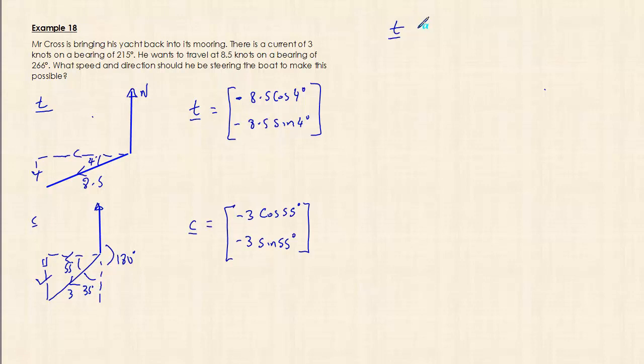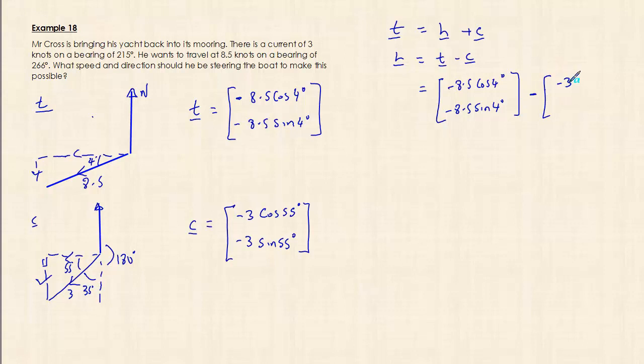Now, true is equal to heading plus current. So heading is equal to true take away current. So that's going to be negative 8.5 cos 4, negative 8.5 sine 4, take away negative 3 cos 55, negative 3 sine 55.